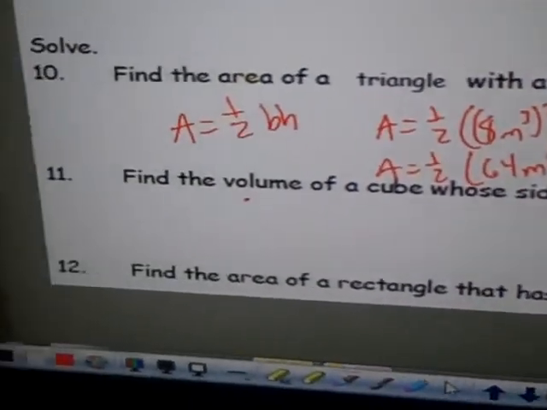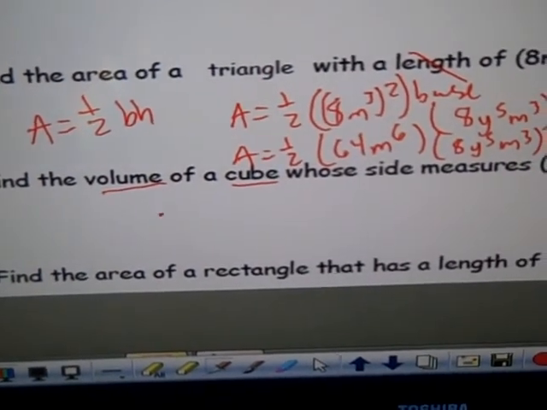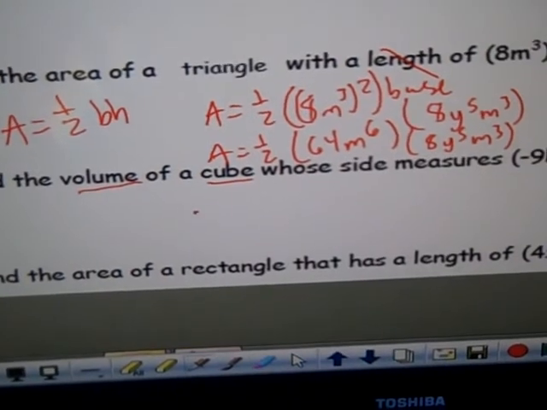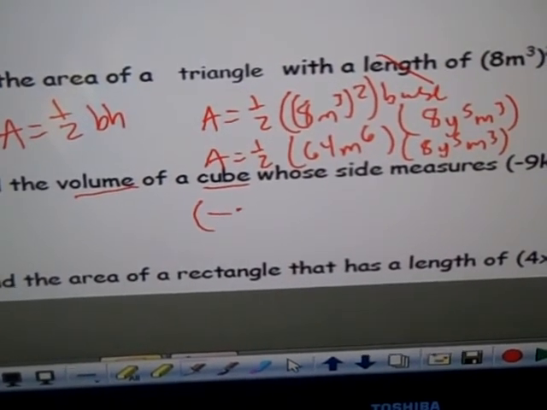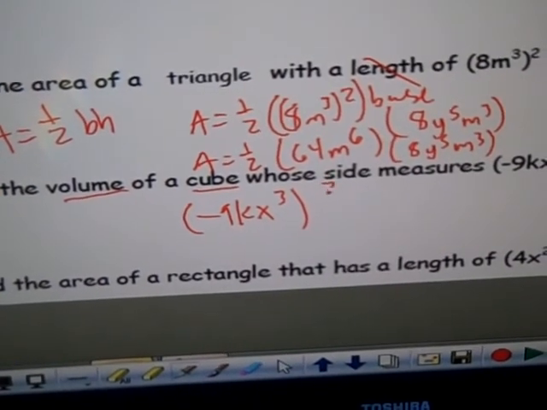Number 11, volume. For a cube, it's just taking one of the measurements and then cubing it. We take the known measure, which is negative 9kx cubed. All of that, we're cubing it.